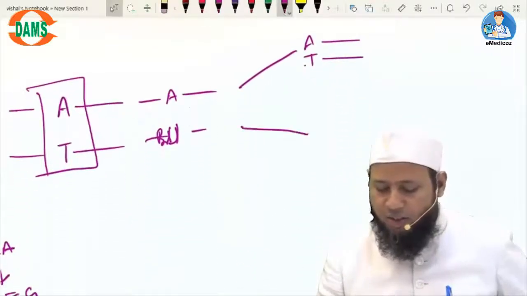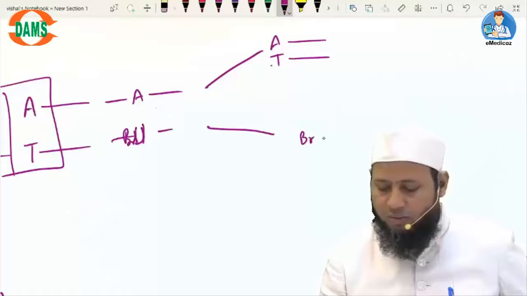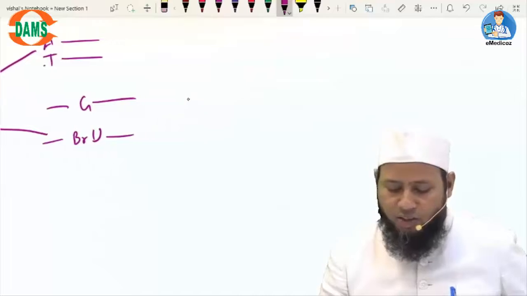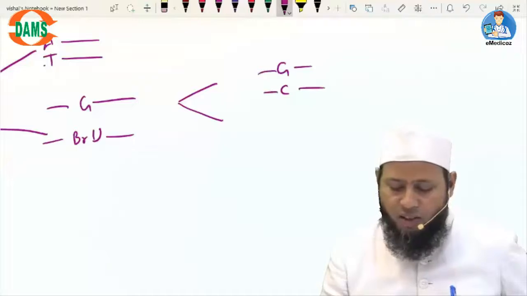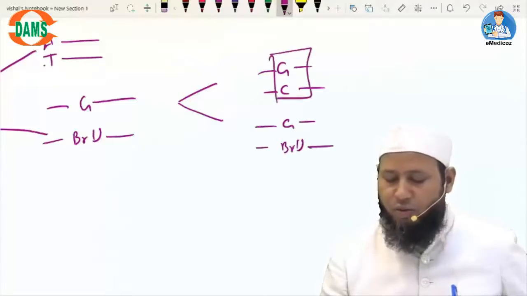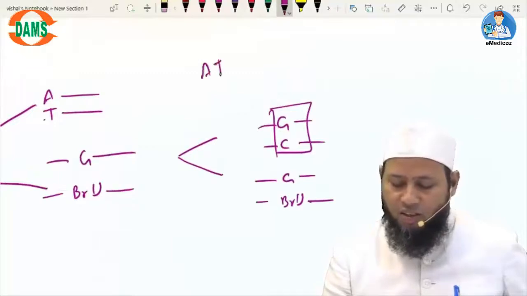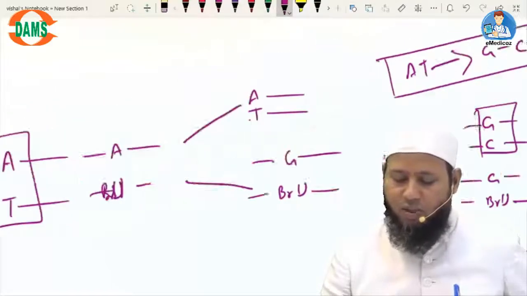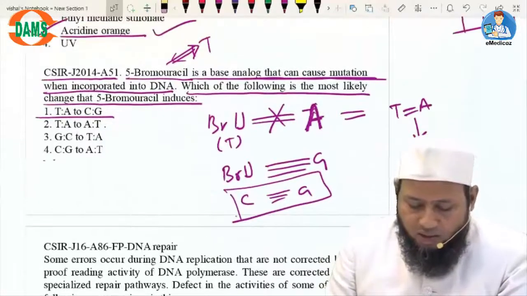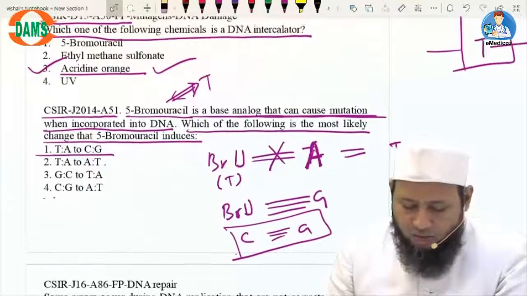In another replication, the BrdU makes G, and in the next round of replication, the G will incorporate C, and the BrdU will incorporate G. So after 2 rounds of replication, AT will become GC.